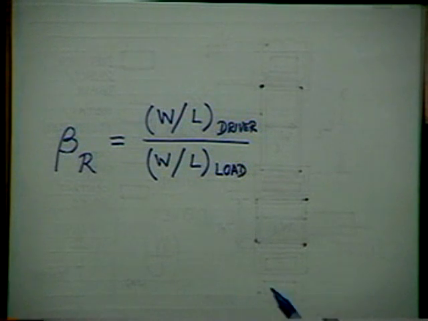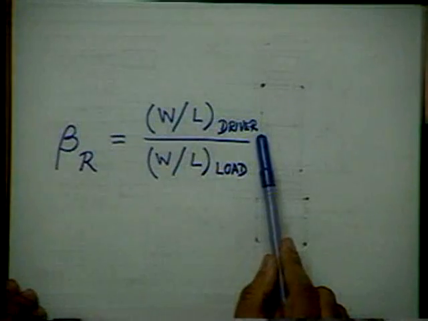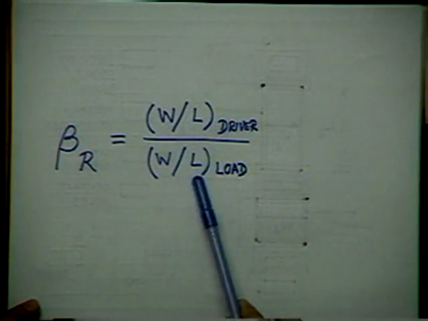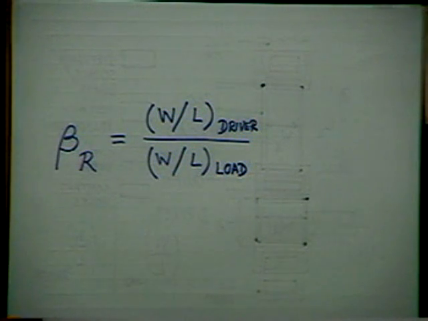This particular parameter is found to be extremely important in determining the performance of a MOS inverter. Of all the various geometrical parameters, it is this one, the width to length ratio of the driver divided by the W by L of the load. This parameter, which we call the beta ratio, is a very important figure of merit for determining the performance of a MOS inverter. Let us see how. We shall discuss this a little bit in more detail afterward.